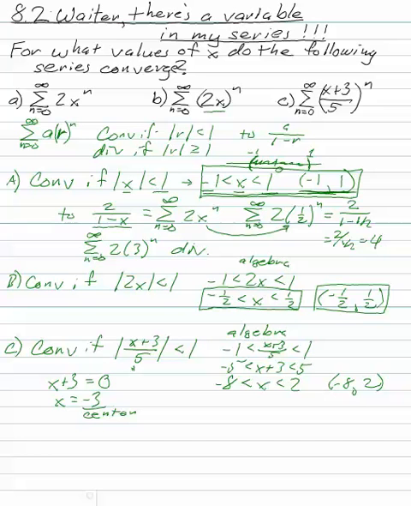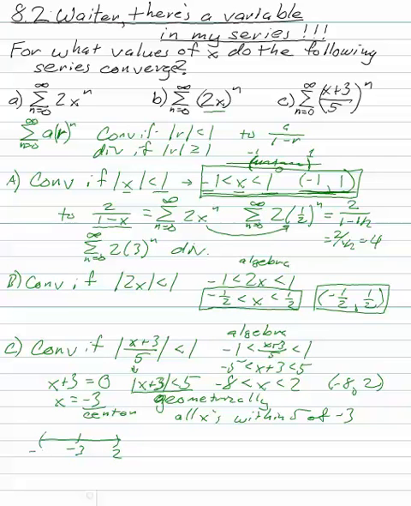So if I take this line right here, multiply both sides by the 5 because it's a positive number, x plus 3 is less than 5, then this geometrically is all x's within 5 of negative 3. So center negative 3, go right 5 to the 2, go left 5 to the negative 8. And we get the same thing. So there's a geometric interpretation and an algebraic interpretation. But notice they gave us the same answer.